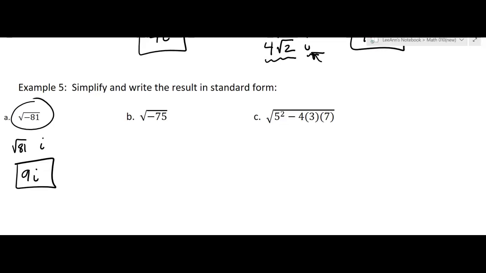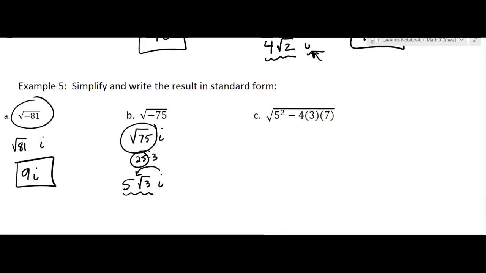Okay, now this part, I'm going to say it's the square root of 75, i. And then this I have to try to simplify like I do simplify radicals. Okay, so 25 times 3, right? And I know the square root of 25 is 5. So it's 5 square root 3, i. Now this is the real part right there. It's not rational, but it's real. And then I believe they're going to put the i in between.